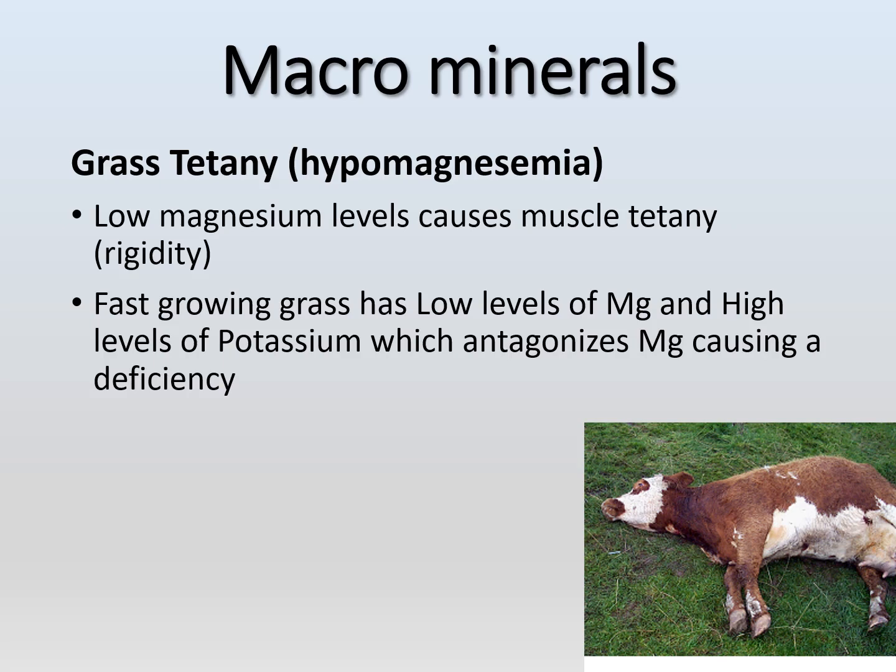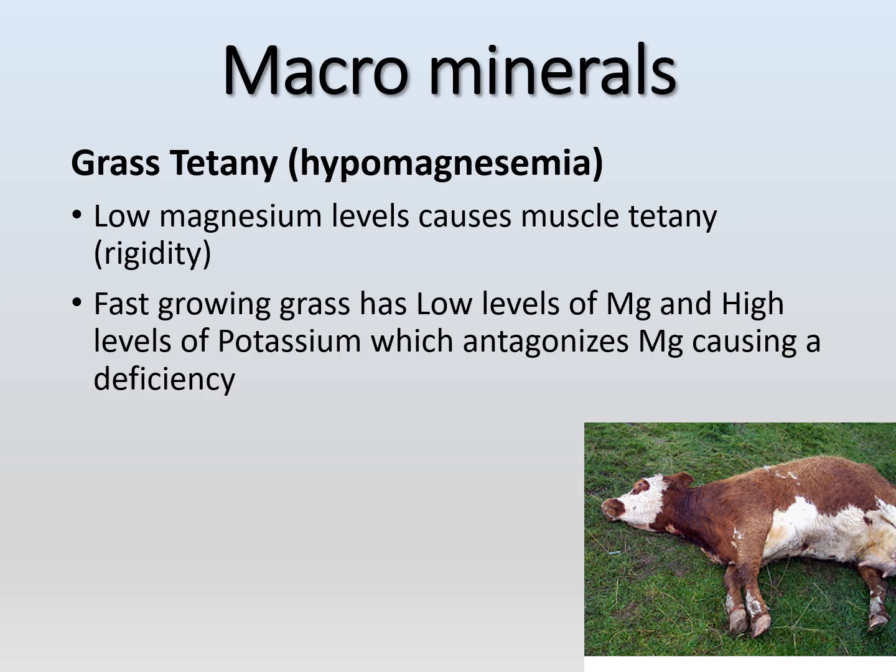So now what are some problems that we see with low levels of magnesium, or hypomagnesemia? Grass tetany is another term for it. And what happens is you get this muscle tetany, okay, rigidity. So they go rigid. And we see this in certain areas where there's fast-growing grass with very low levels of magnesium and maybe high levels of potassium.